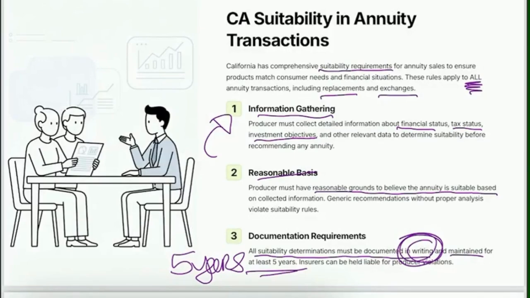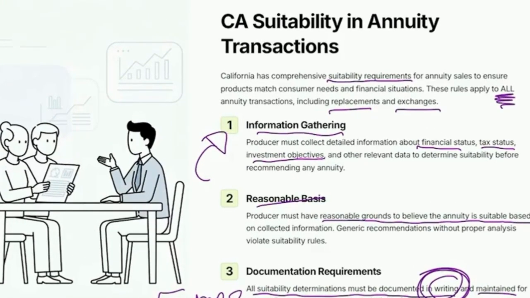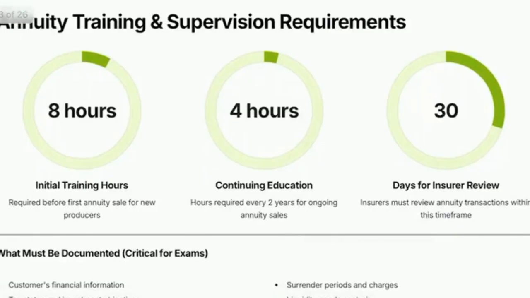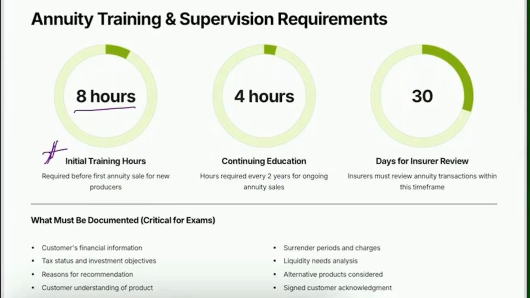Annuity training and supervision requirements. As we talked about a couple slides ago, you must do at least 8 hours for your initial training. It is required before your first annuity sale for new producers. There are also 4 hours of continuing education for annuities every 2 years, right?